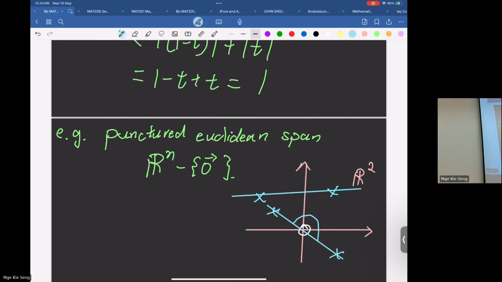Not yet, contour integrals. Punctured space is used quite often at the research frontier because they treat this puncture as a singularity. We want to study singularity spaces. In particular in physics, this is very important when they study black holes. What happens around a black hole?